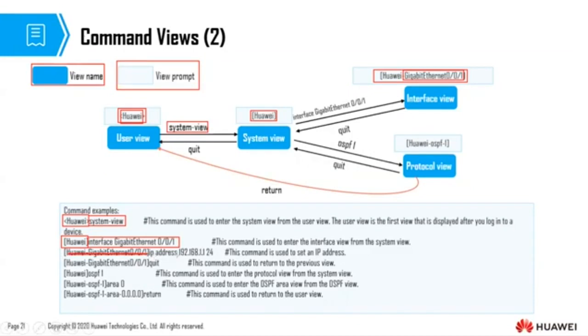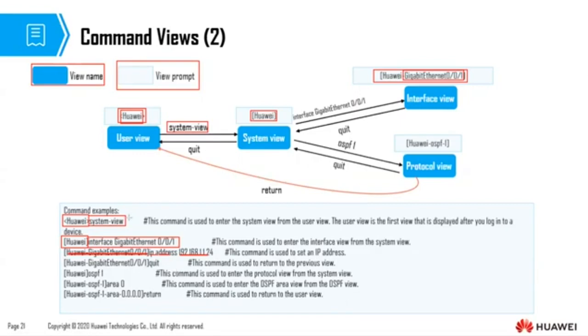And this command here is used to configure the IP address. So ip address, then the address 192.168.1.1, then a space, then the mask. We're going to talk about the mask later.